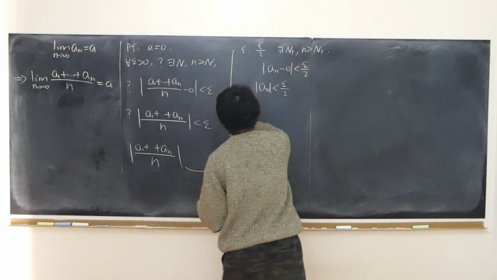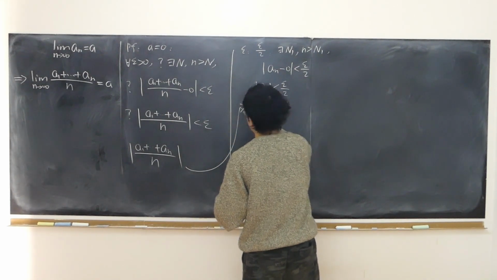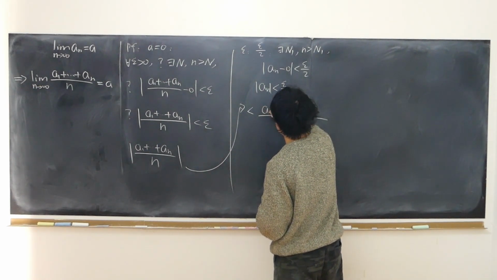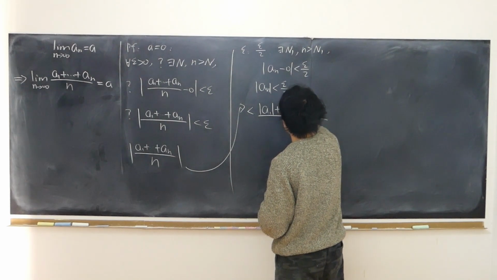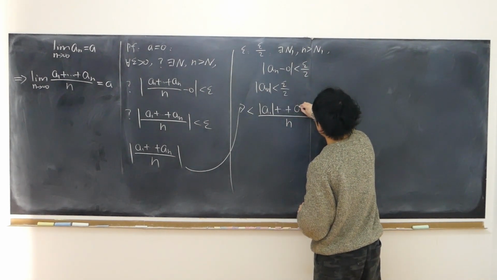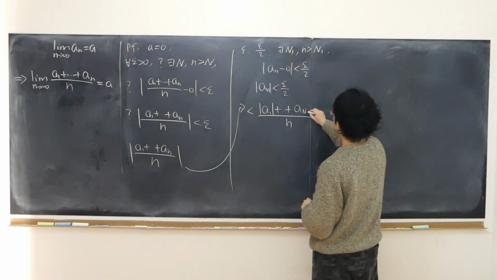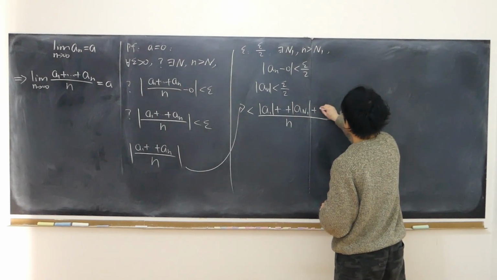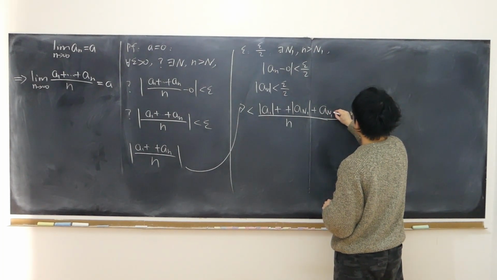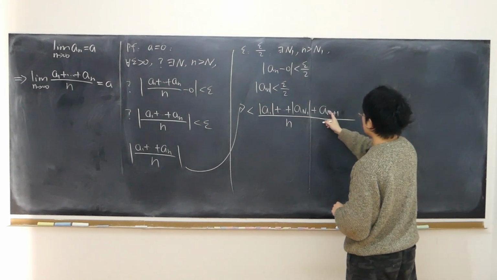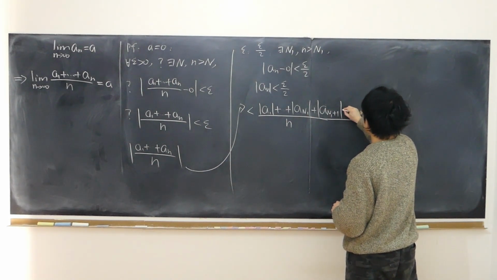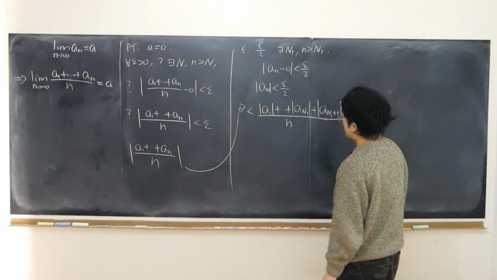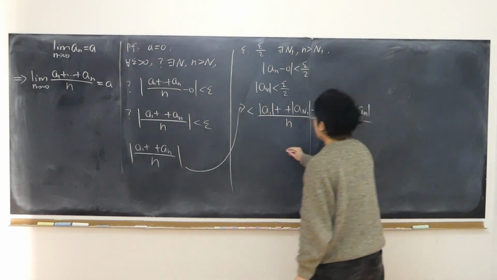this can be shown to be less than the absolute value of A1 plus all the way up to the absolute value of A sub N1, plus the absolute value of A sub N1 plus 1, the next one after this, plus all the way up to the absolute value of An. Triangle inequality.